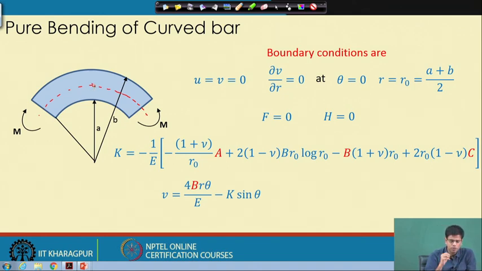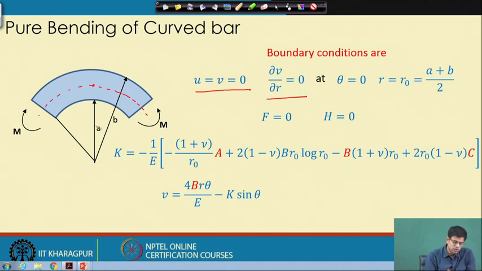So, at this point u and v will be 0, and dv dr, that means a vertical line along this fiber, the vertical element, will be essentially fixed. So, it prevents the rotation of the vertical element at this point, which is implied by dv dr equals 0.